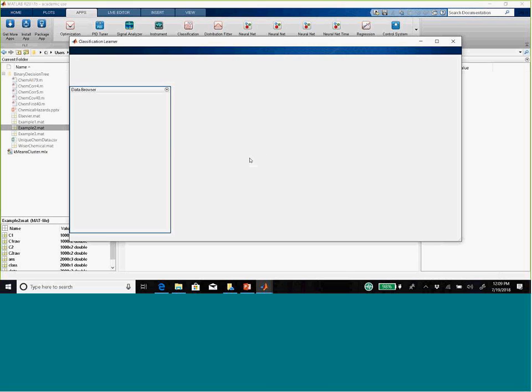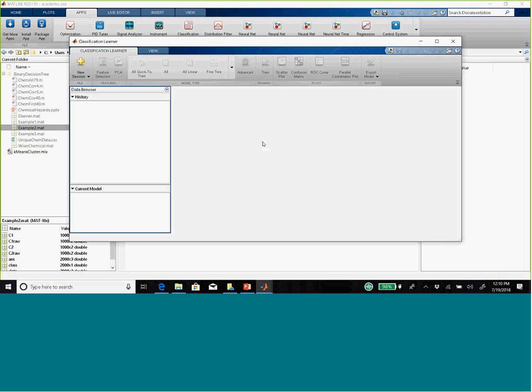So this data set is linearly separable, but the classes come very close to each other, since it's a little bit more challenging.